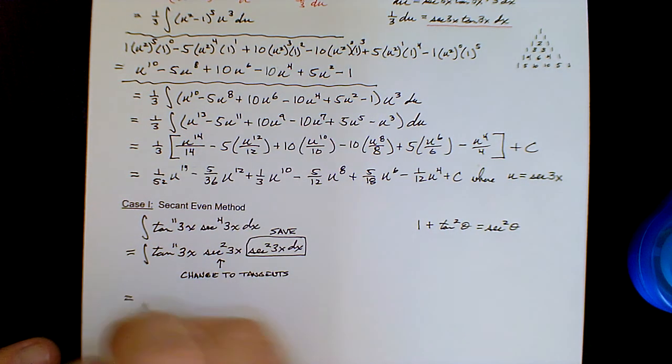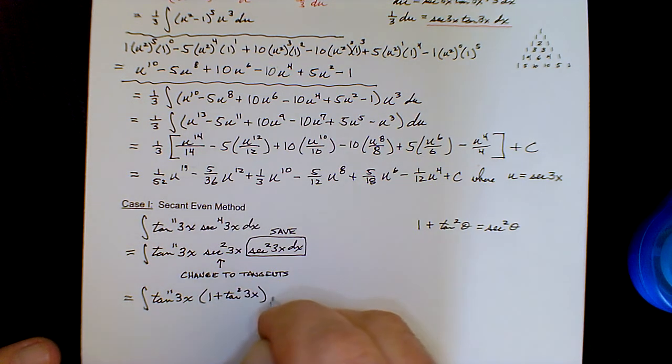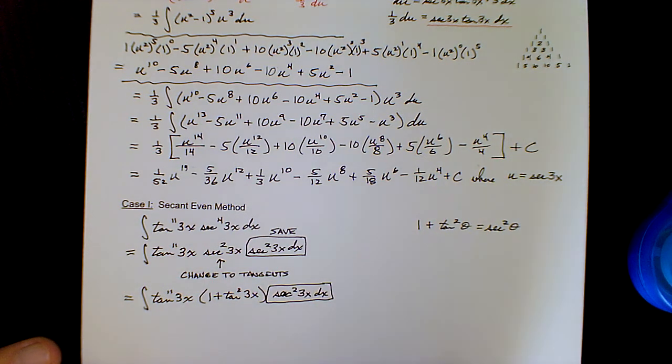The secant squared is 1 plus tangent squared of 3x. And then we have this secant squared 3x dx. That's saved to make up our du. And now we can start the u substitution process.